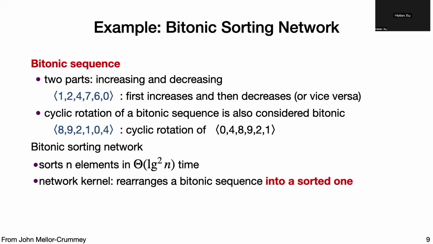And you can notice that if it is a cyclic rotation of a Bitonic sequence, this part is going to be higher than this part, because if you imagine a picture, the right part is going to have to be moved onto the left part in the rotation.